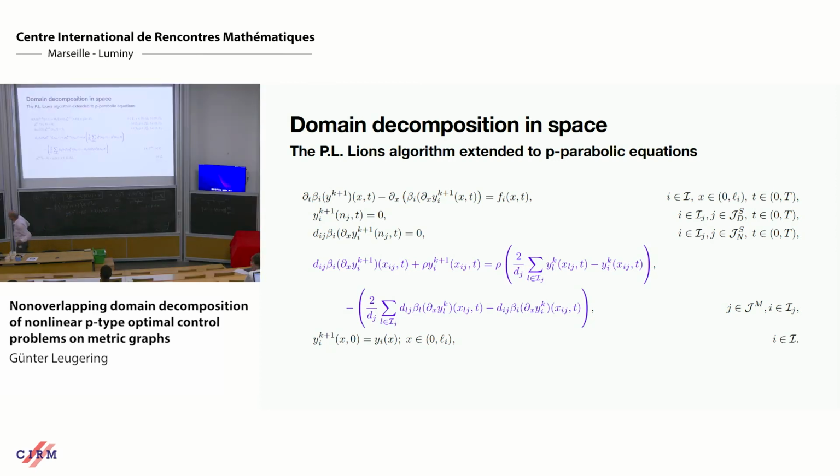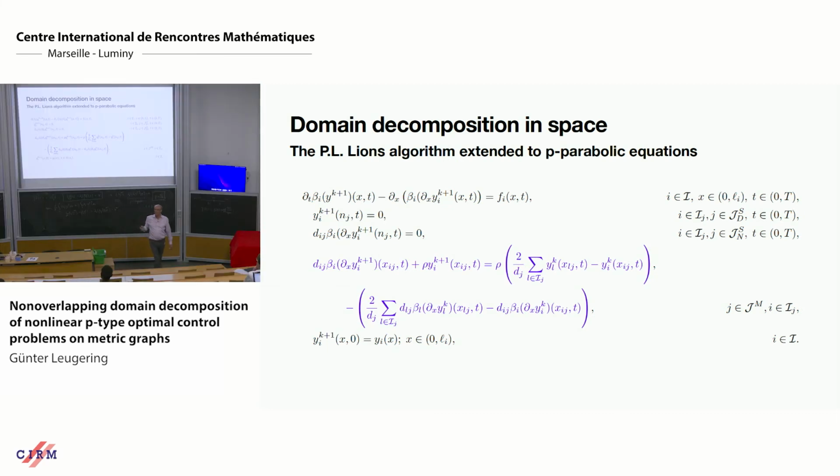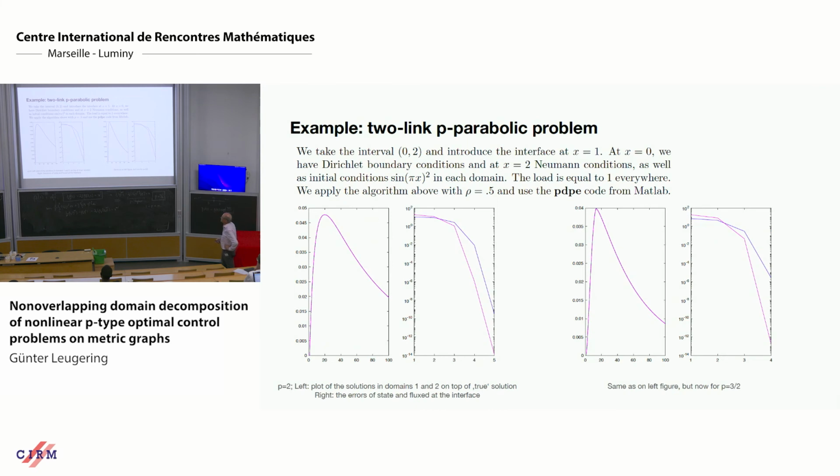If d_j is 2, then this breaks down to the standard Lions update, right? I wanted to show you this because it reflects precisely the graph network, and you get this kind of domain decomposition.